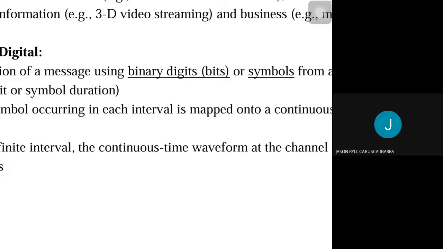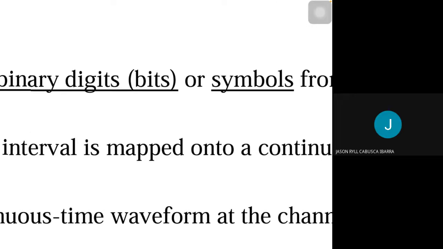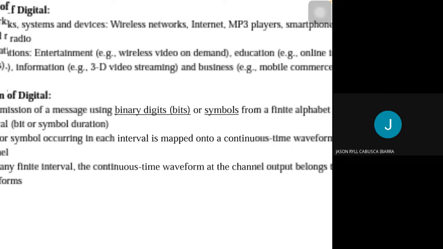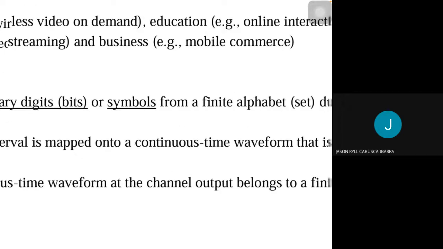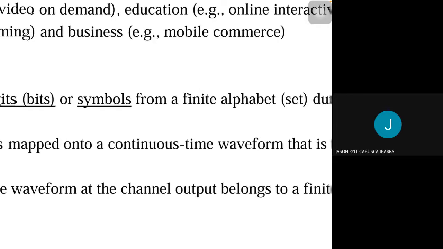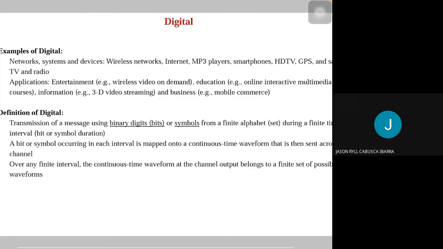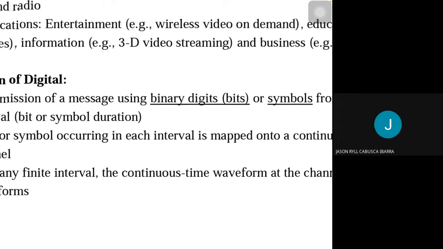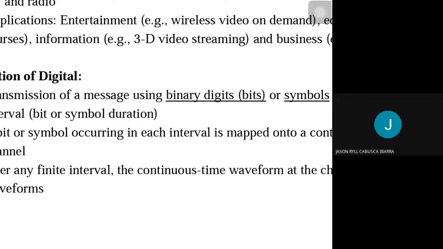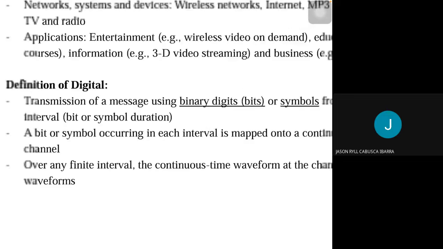Don't get me wrong: a symbol here is the same as our usual understanding of the word, like an exclamation point, a dot, or a hashtag. These symbols are from a finite alphabet, or set, during a finite time interval, especially when we deal with digital modulation systems.